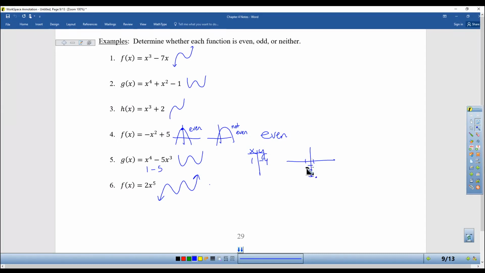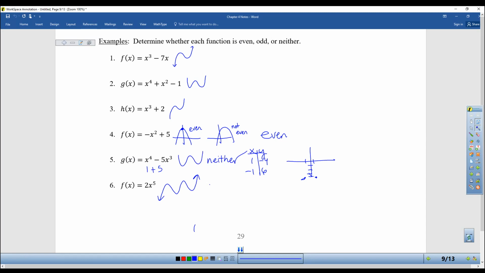If I see that at negative 1, it's also at negative 4, I may not know what the rest of the graph looks like, but at least I know that it's even. It's the same on both sides. So I'm going to do negative 1. Negative 1 to the 4th is still positive 1. But negative 1 to the 3rd is negative 1, times negative 5 is positive 5, so I get 6. So I don't have to consider odd for this one. It's quartic. It's never going to be odd. But now I know it's also not even. So it's neither.